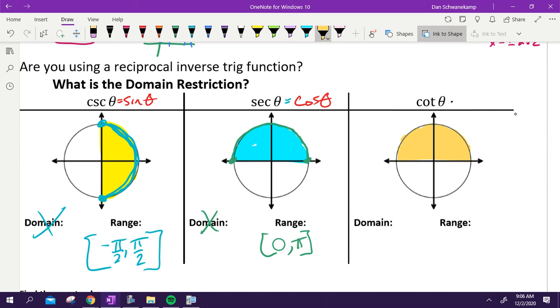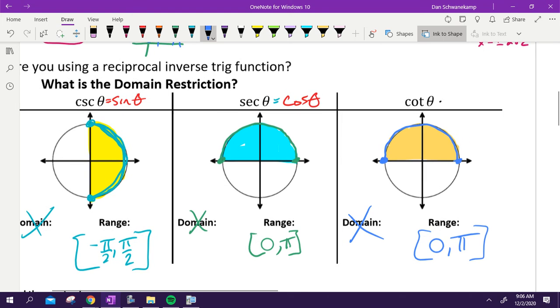Tangent was 1 and 4, but cotangent, we're going to live between 1 and 2. And so my range for a cotangent graph is 0 to pi. That is different than tangent. Sine goes with cosecant. Secant goes with cosine. But tangent and cotangent don't have the same quadrants.